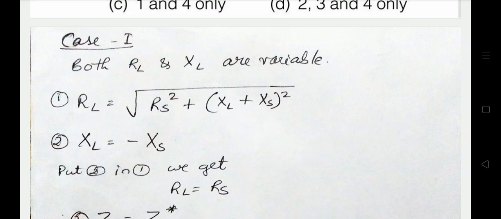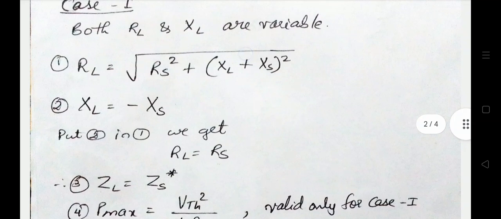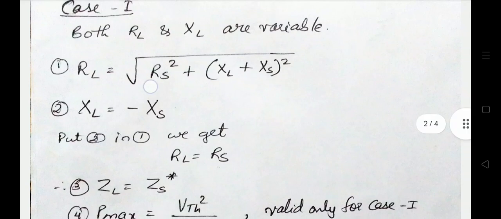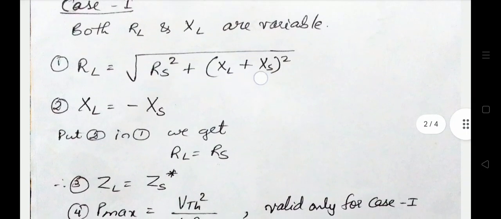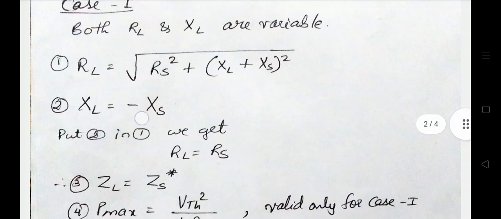Since reactance components are present in an AC circuit, we have to consider these four cases. First case means both the load resistance as well as load reactance are variable. When RL and XL are variable, the load resistance RL can be found by the formula root of RS square plus (XL plus XS) the whole square. We know in such conditions XL is equal to minus XS.